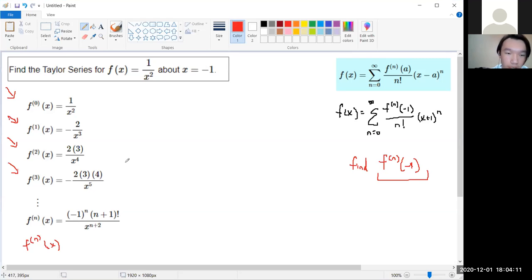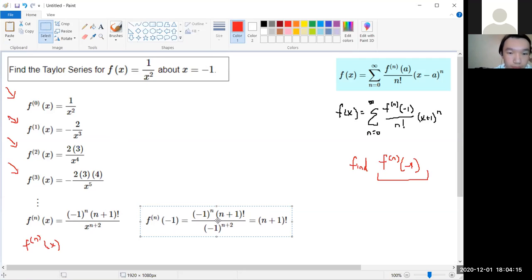Okay, so when I plug in -1 for x, I get this. So this is where the x was. I plugged in -1, and then from there, I'm going to simplify.